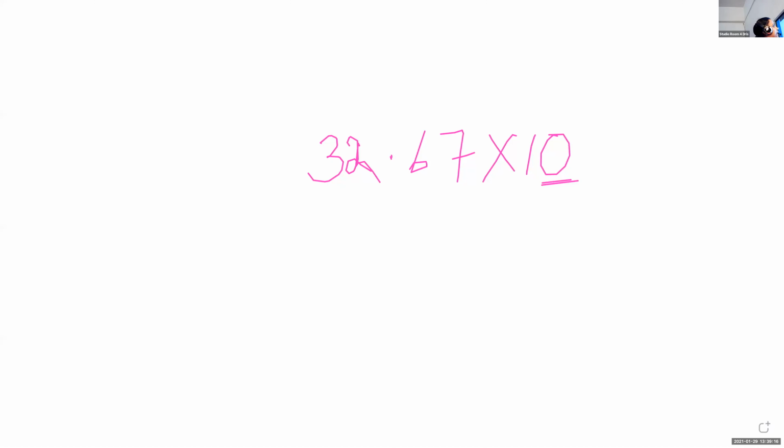So children, here we have only 1 zero. So you have to move the decimal point to the right side by 1 digit. So when we shift this decimal point, the answer will be 326.7.